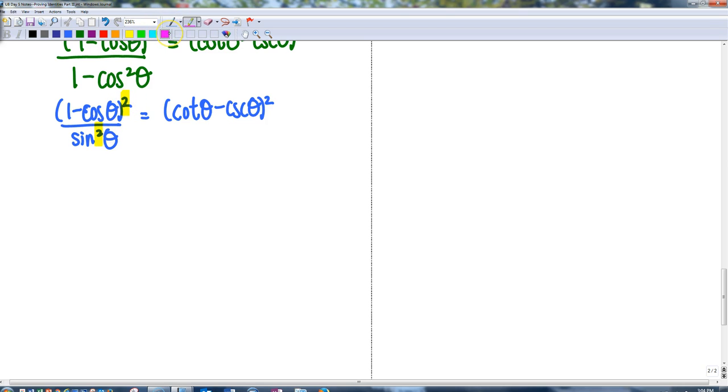So what I'm going to do next is make one big fraction that's being squared instead of just the numerator and just the denominator, which looks like this. 1 minus cosine theta over sine of theta, whole thing is now squared. Okay.